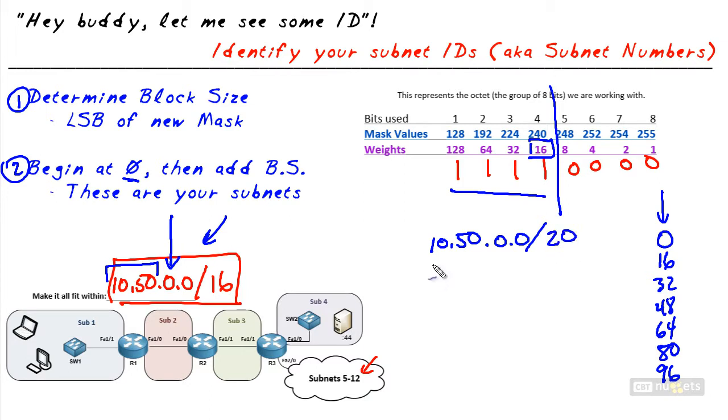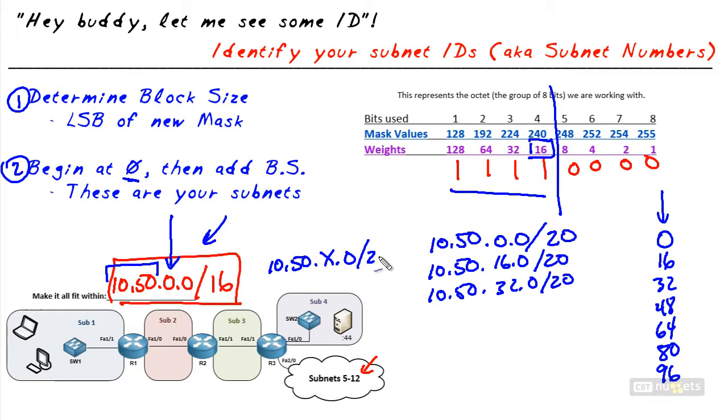The next subnet is going to be 10.50.16.0/20. And the next one is 10.50.32.0/20. And it's just going to continue all the way down. So in a topology diagram like this, we might just say in the documentation that this is the 10.50.x.0/20.